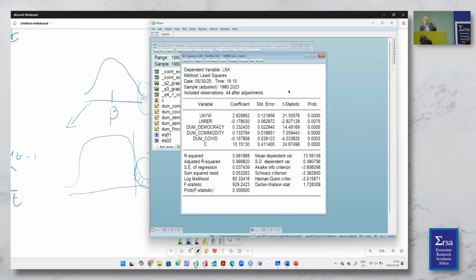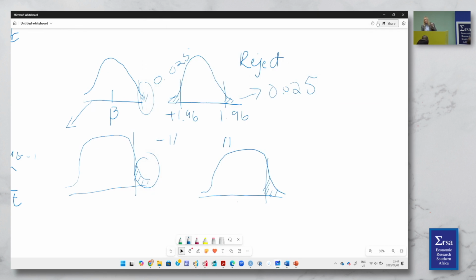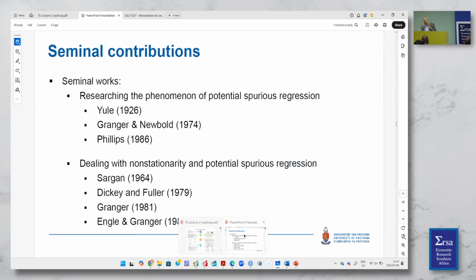So that's why we said at this point we're more concerned about the values of the coefficients than about what the R-squared, what the standard errors, what the t-stats are. So that is the first thing to take away from this.